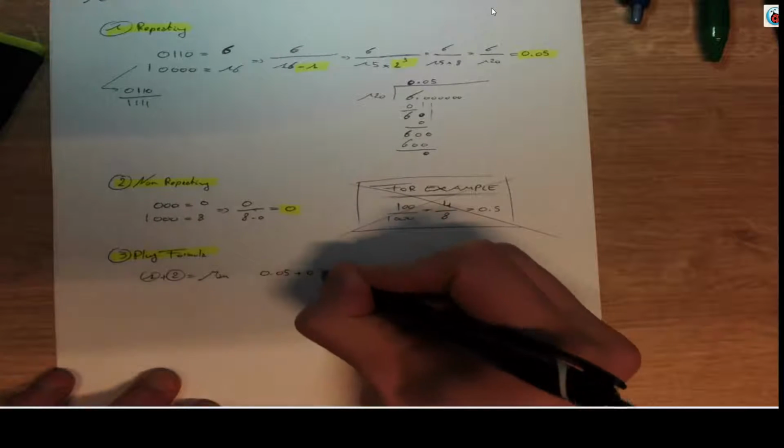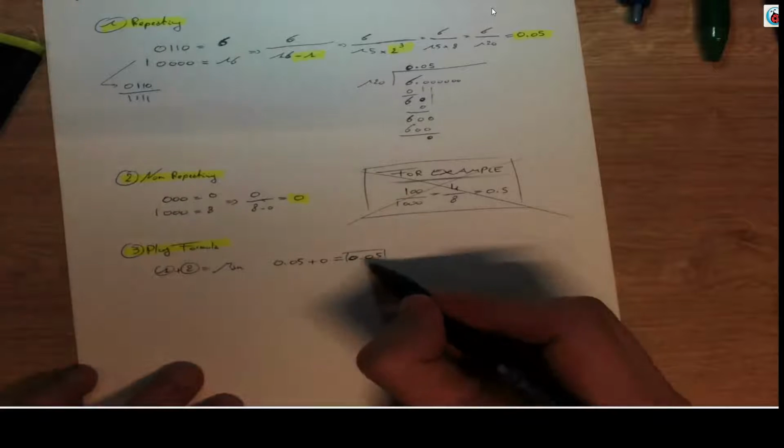So you do step 1 plus step 2 to get the mantissa that you need. So in this case, it is 0.05 plus 0, which is 0.05. So it could have been 0.55, but in our case, it's this. So this is the mantissa decimal representation that we need for the formula.